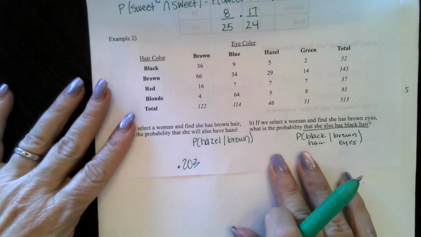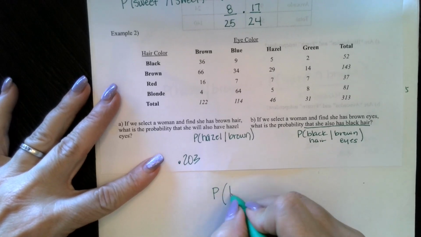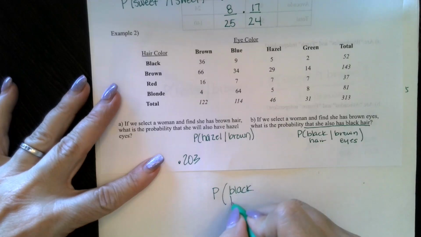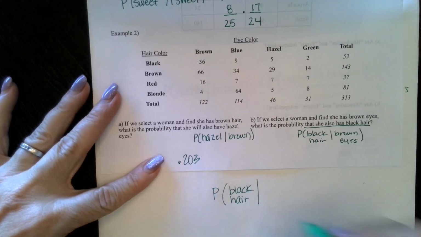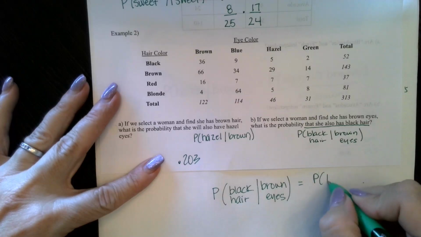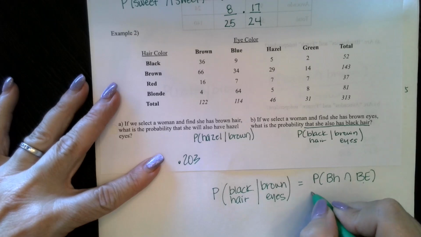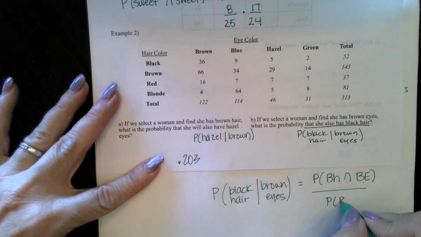So if I write this out, the probability of black hair given brown eyes is going to be the probability of black hair and brown eyes divided by the probability of brown eyes.